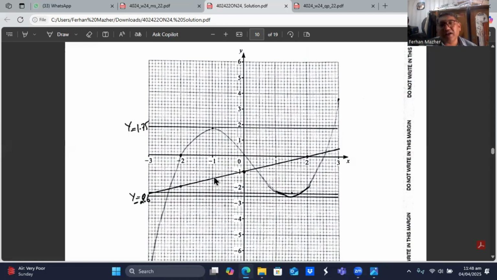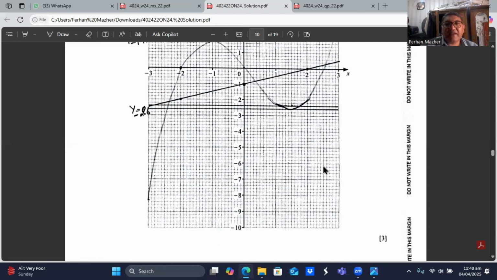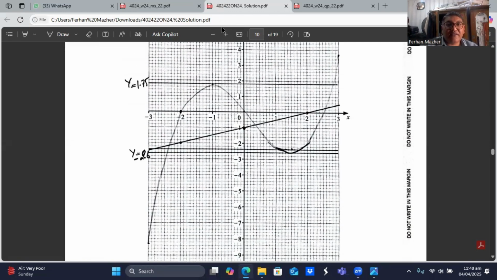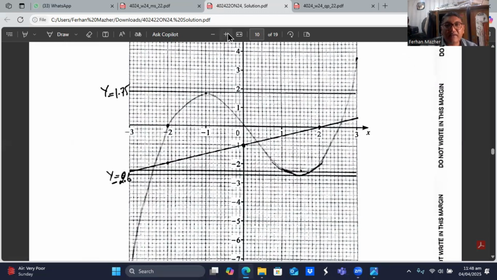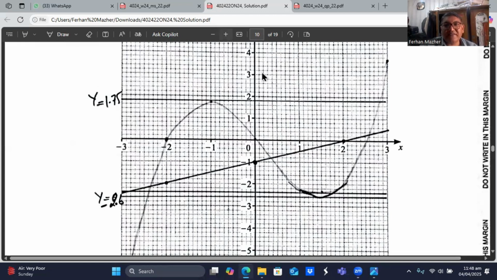So this straight line cuts the graph at these 3 points. And on these 3 points of intersection, I will check the value of x. So it will be minus 2 point something, this will be 0 point something, and this will be 2 point something. So it's approximately 2.5 or 2.6, I think. I can increase the size so you can see the points of intersection more clearly.